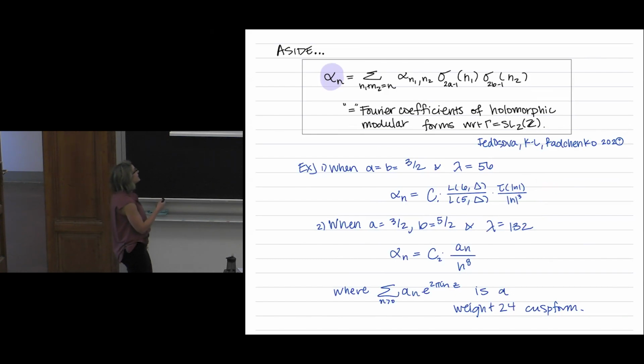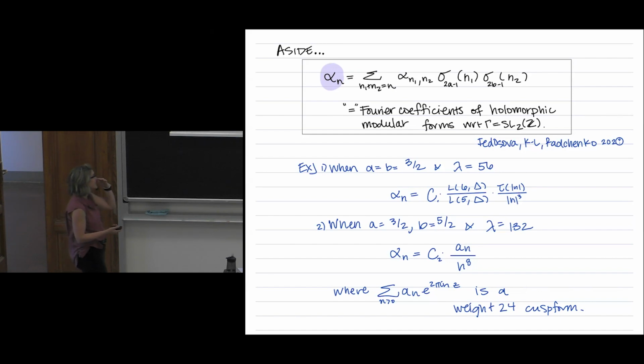Specifically in the D6 R^4 case for the 2-to-2 scattering amplitude, based on the eigenvalue and the A and B that were chosen, the Fourier coefficient turns out to be for the cusp form of weight 8, and there is no cusp form of weight 8, so that's just 0, which is nice.